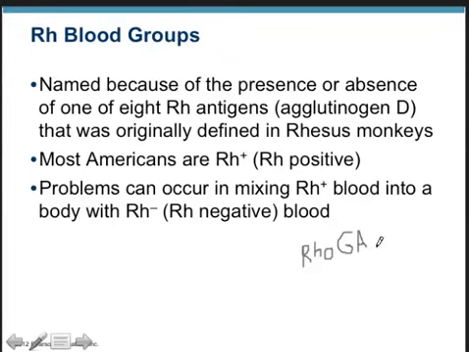And what RhoGAM does is it blocks or disguises the Rh antigen so that the woman's immune system never gets exposed to it. So in the scenario of an Rh negative woman trying to become pregnant by an Rh positive spouse, what we would do is we would administer RhoGAM before, during, and after the pregnancy.